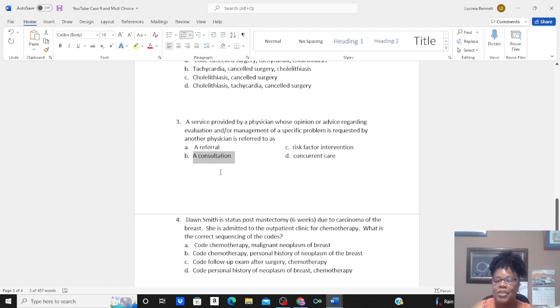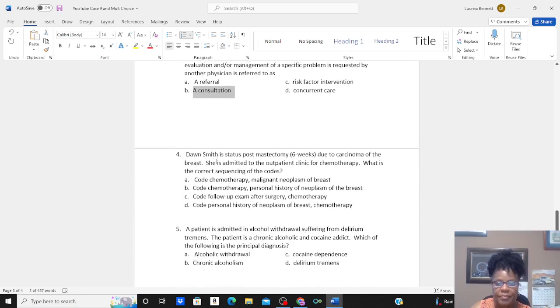It's a consultation when one physician asks another physician's opinion on how the first physician should treat a condition. And the one I'm asking for an opinion will notify me back in writing. I write him an order. He writes back and lets me know how to take care of it. That's a consultation.